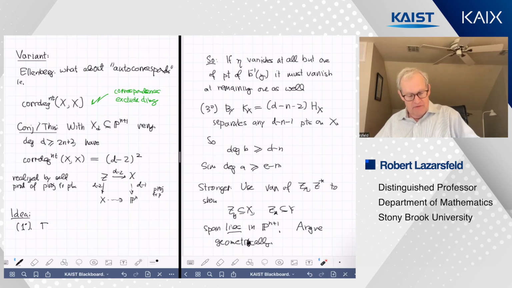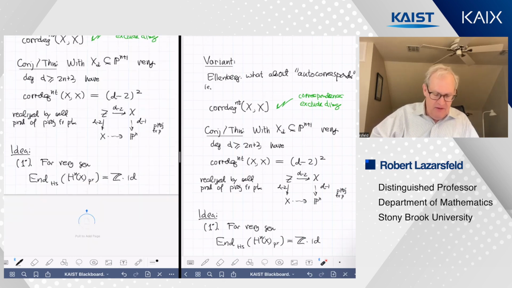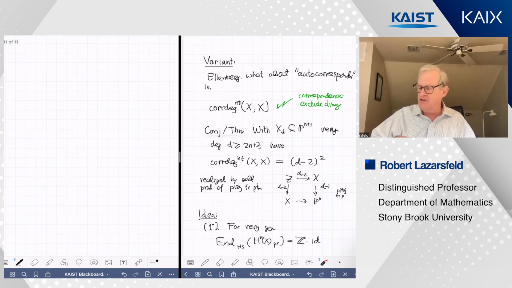The first remark is that for a very general X, the endomorphisms as Hodge structures of the primitive cohomology of X are just Z times the identity. Radu Laza and Mark Green showed us proofs of this. I don't know whether it's in the literature, but in any event, this is fine.